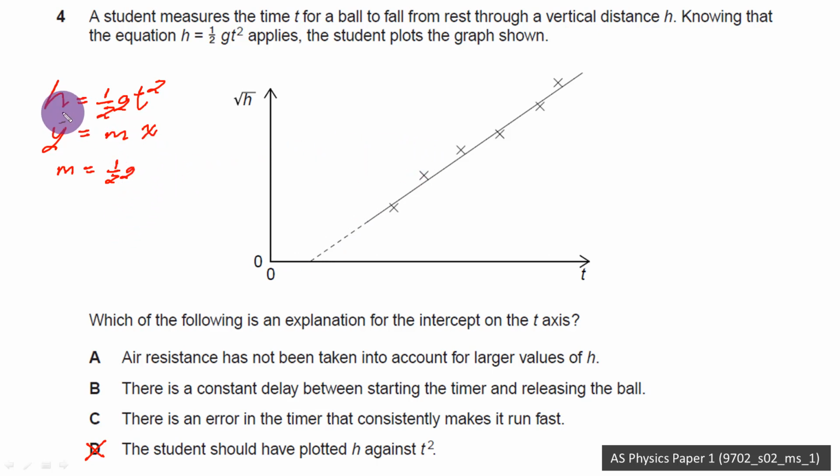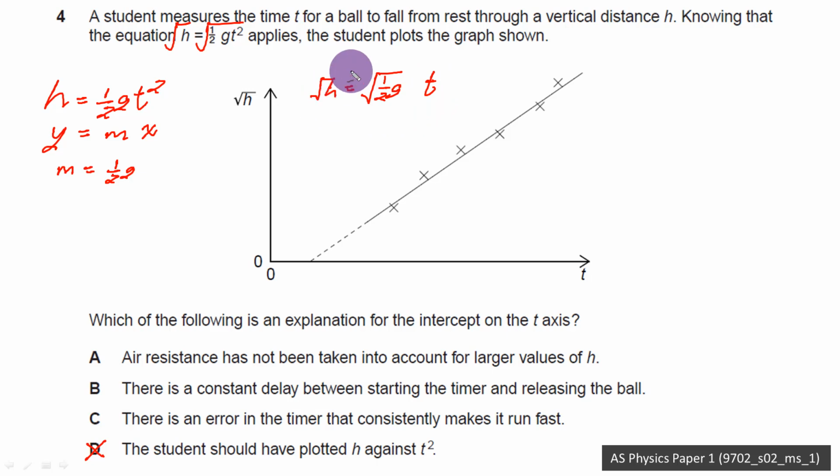Now let's take the square root of both sides. We are going to get the square root of h equals the square root of a half g, that is the square root of g over 2, times t.